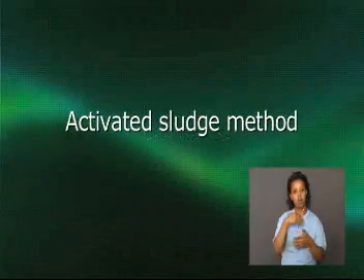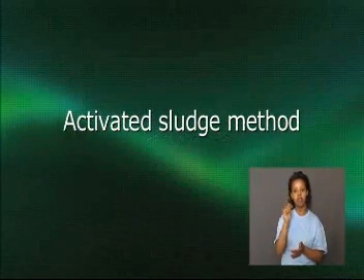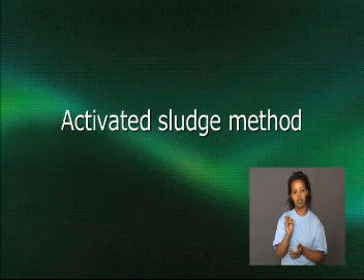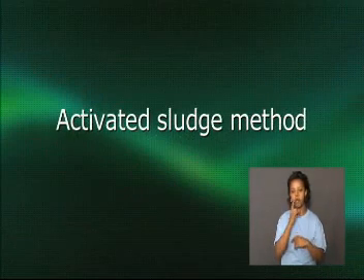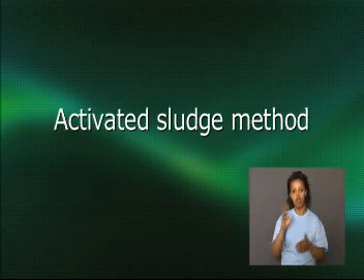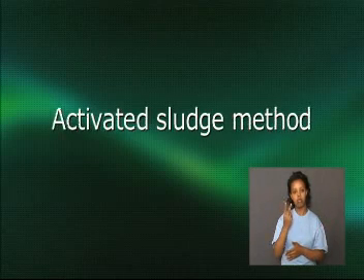Let us move on to discuss the second method of using bacteria in sewage treatment, the activated sludge method. The activated sludge method is a widely used aerobic method to filter sewage.